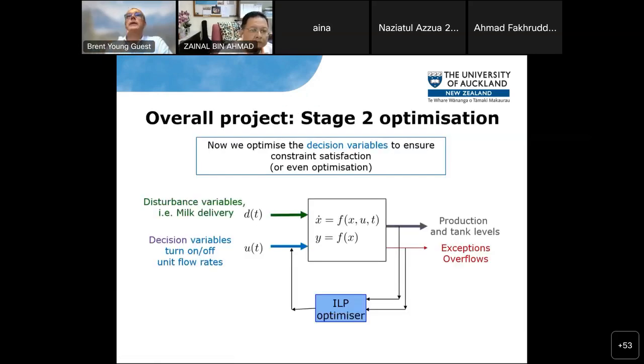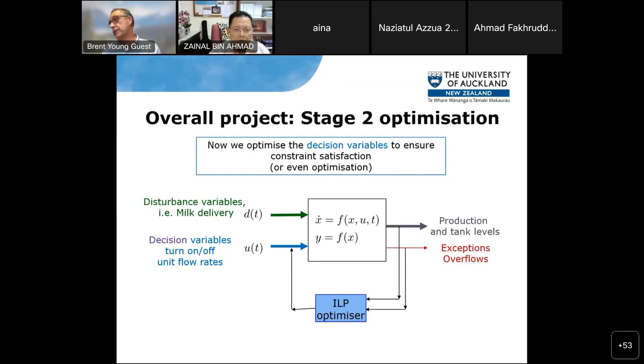So the overall schematic of the optimization kind of looks like this. We've got disturbance variables, mainly the inputs to the process, the milk and the cream coming at various times of the day.